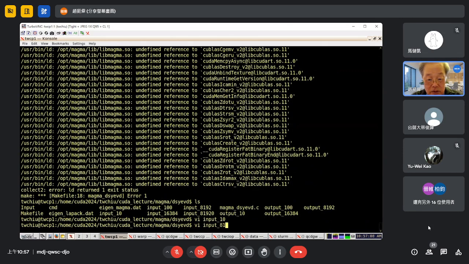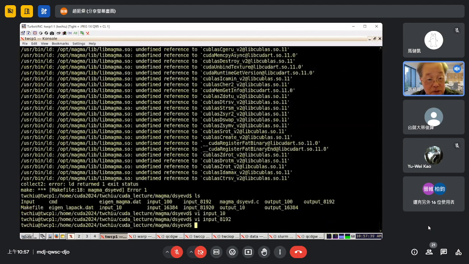Actually, this is the output of the eigen output data file. This is an 8192 by 8192 matrix, and the eigenvector option is 0, so not outputting any eigenvectors.